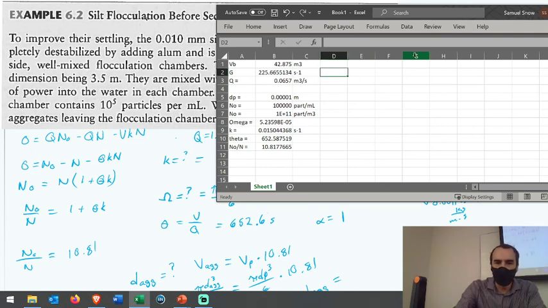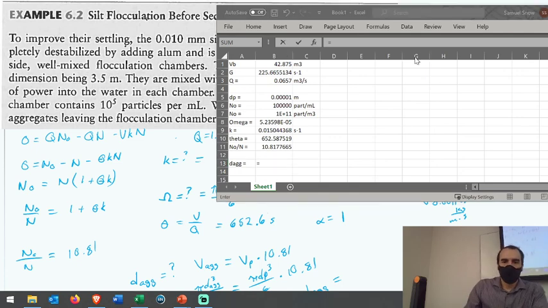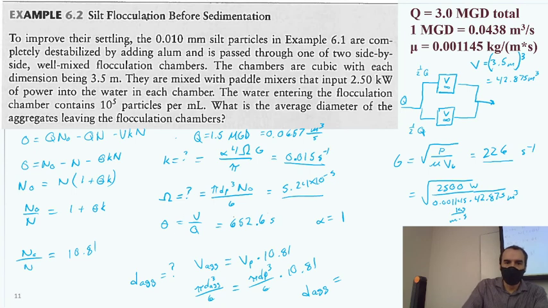Okay, so we're just going to solve for the aggregate. So the 6's will cancel, the pi's are going to cancel.